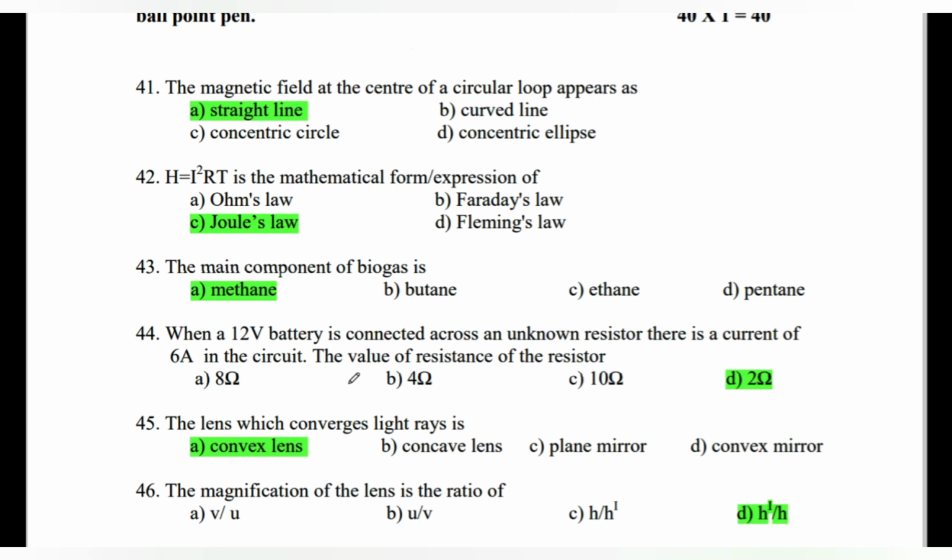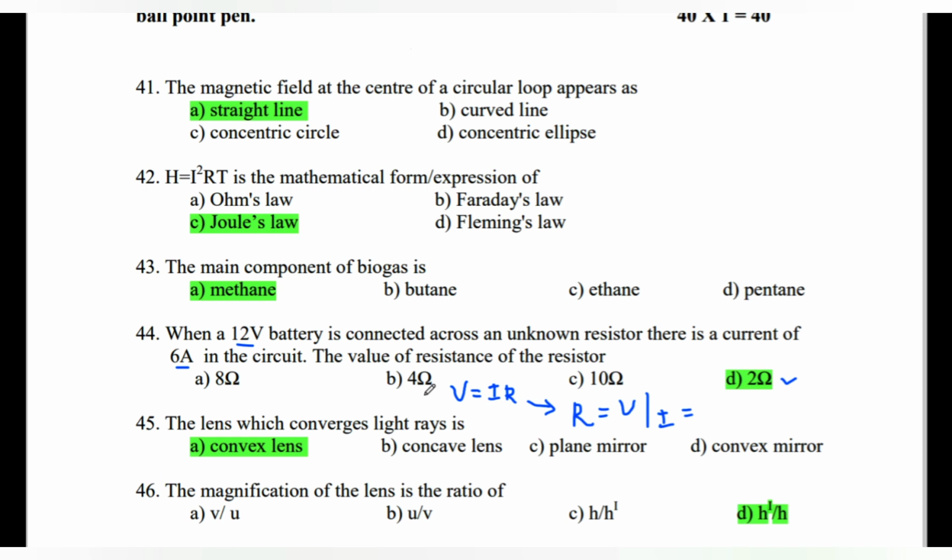Students, by using Ohm's law, V is directly proportional to I, that is V equals I into R. The mathematical form of Ohm's law is V equals I into R. Now we need to calculate R, that is R equals V divided by I. What is V? V is 12 volts divided by 6. We get 2. Therefore we get 2 ohm. The value of resistance of the resistor is 2 ohm.